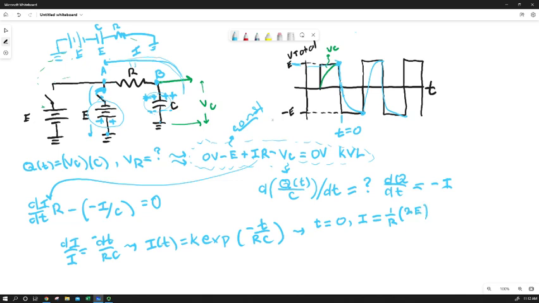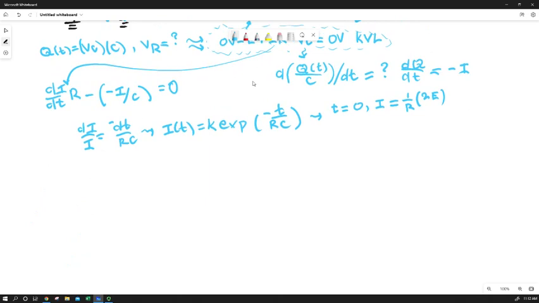Because at the instant we close this switch, we've got two voltage sources basically aligned in the same direction that can flow current through R. So there's our initial condition. When t equals 0, I equals 2E over R. So that means that's what K has to be. I'm going to move my whiteboard up here, give myself a little room.